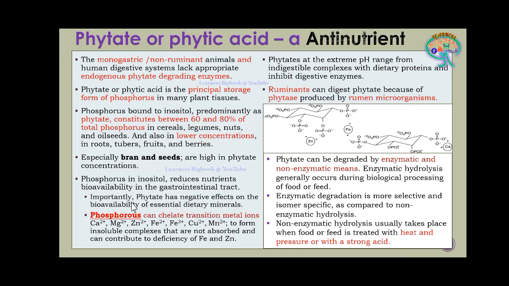Now here, depending upon the amount of phytate present in that food and the phosphorus available within that particular phytate, it is going to correspond to reducing the nutrient bioavailability in the gastrointestinal tract. Now here it is going to contribute to the deficiency of all the metals which are required by the biological system.